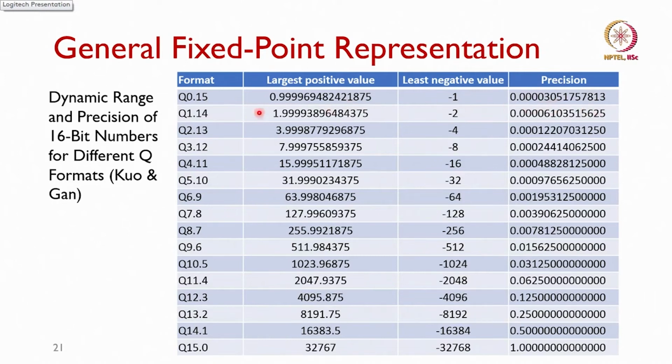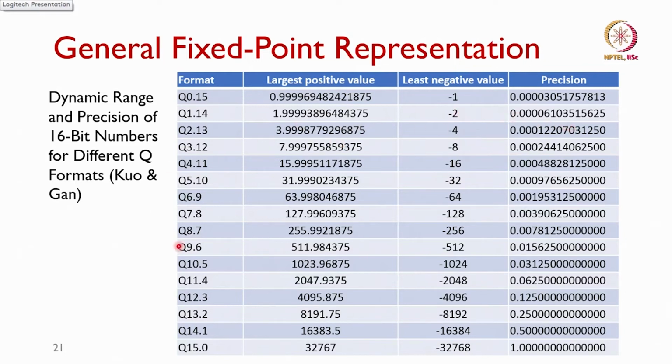Okay. Same thing if I want to allocate 1 bit to the integer. Here 0 bits were given to the integer; here I want to include 1 bit for the integer and 14 bits for the fractional number. Then my largest value will be 1.999, close to 2, the least negative value I can have is minus 2, and this is the precision I will have.